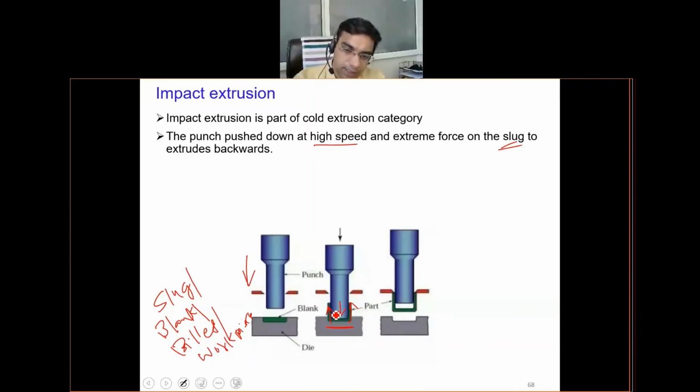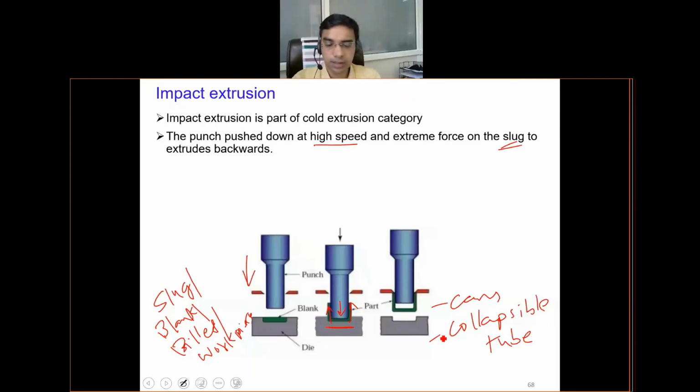This creates all these cans and collapsible tubes. All these products can be made using this impact extrusion process. And this is a cold extrusion process, meaning it is done below the recrystallization temperature of the workpiece material.